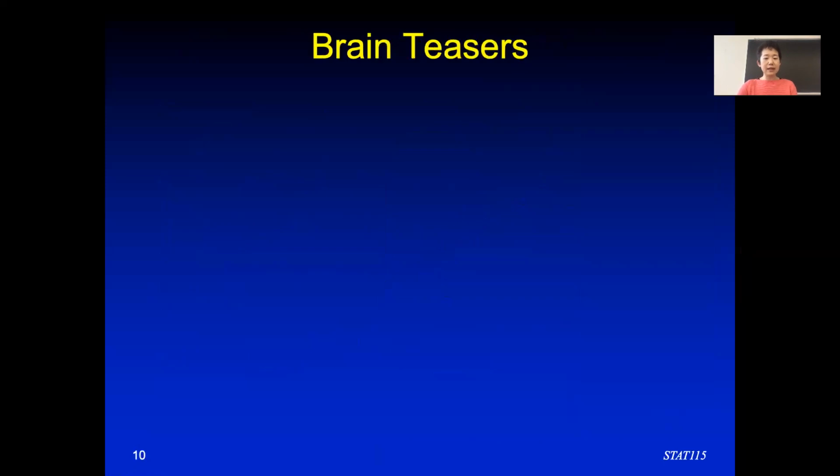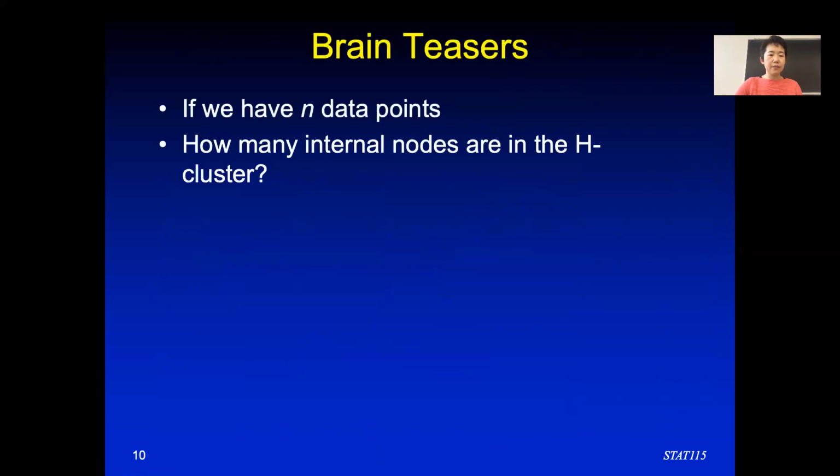So some brain teasers. If we have n data points, n genes over many conditions, how many internal nodes are there in the hierarchical clustering tree? So we try to merge. At the end, you have just one node, right? That one node is also an internal node. But every time you merge, you create an internal node.